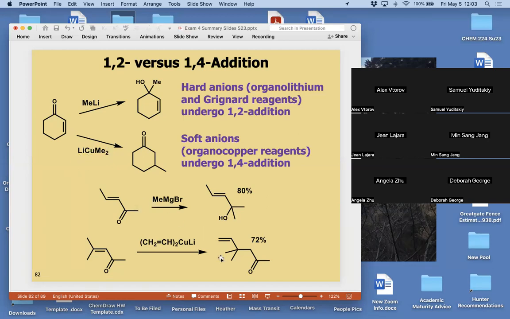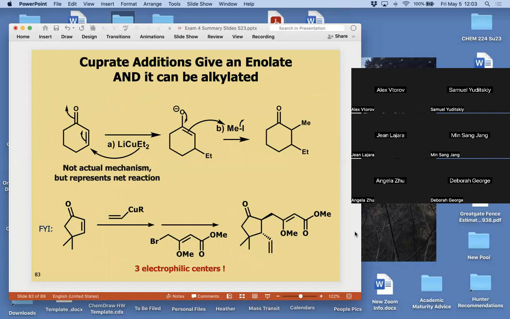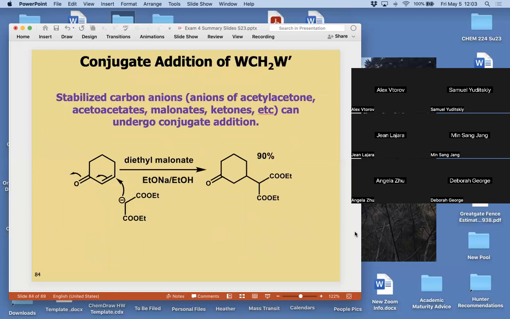Okay, and just a couple of examples. And here's just showing that the cuprate anion, you can go ahead and alkylate it. Okay. And then the conjugate additions. So softer anions.